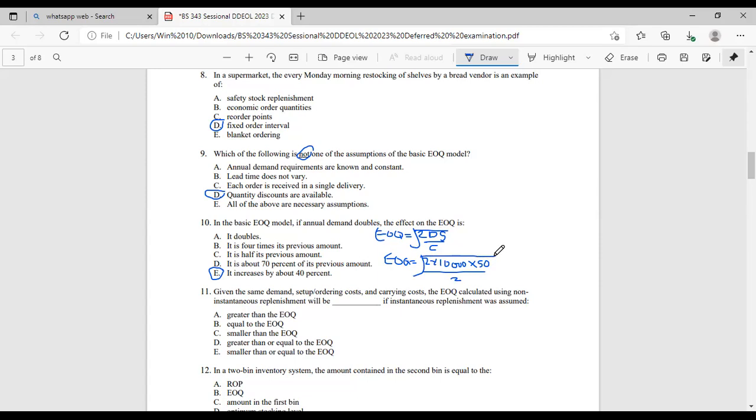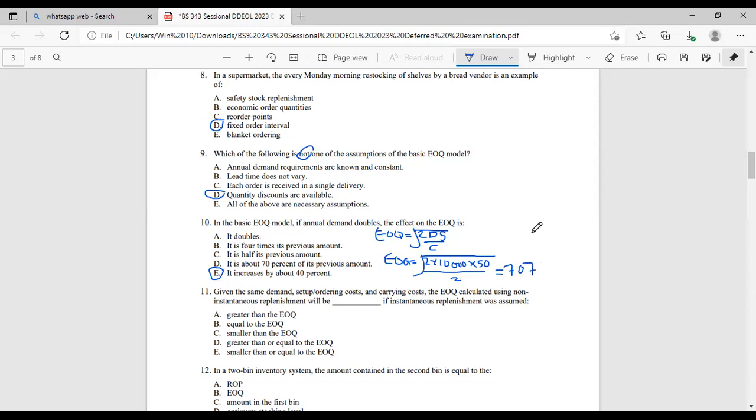Then if demand doubles, we have the square root of 2 times 10,000 multiplied by 50 divided by 2, and the answer for the initial one will be 707.